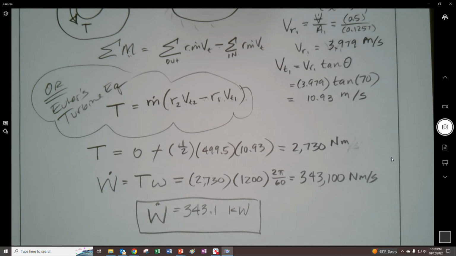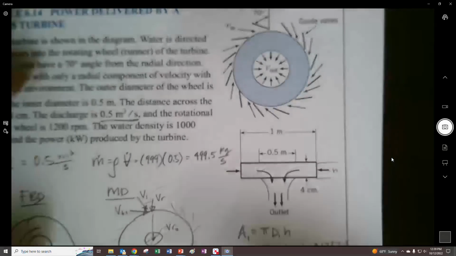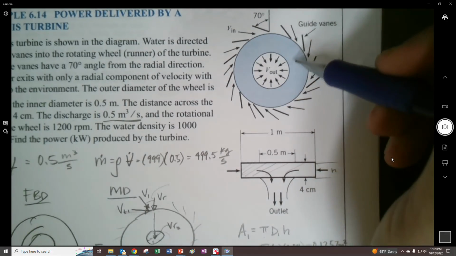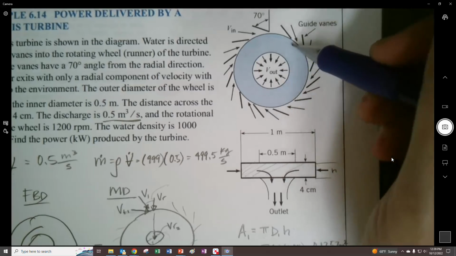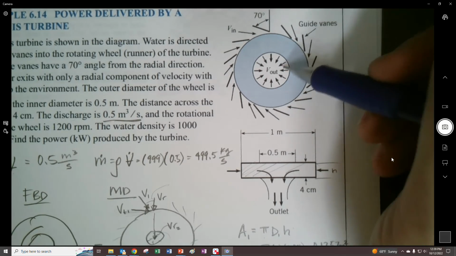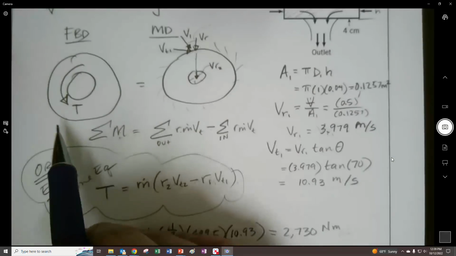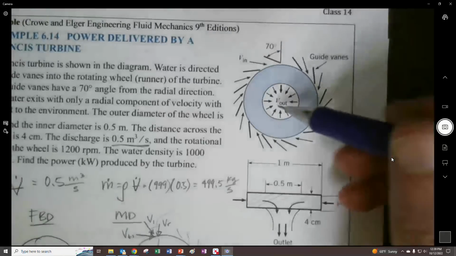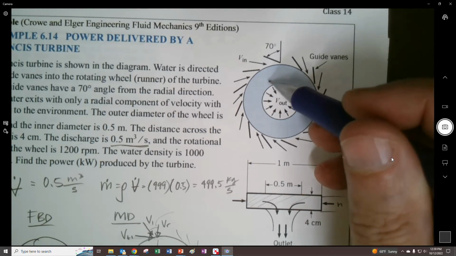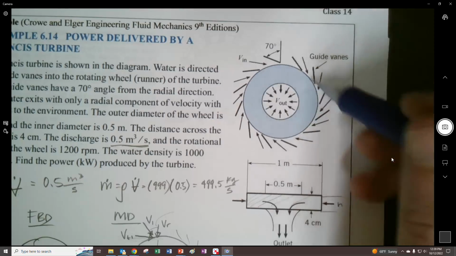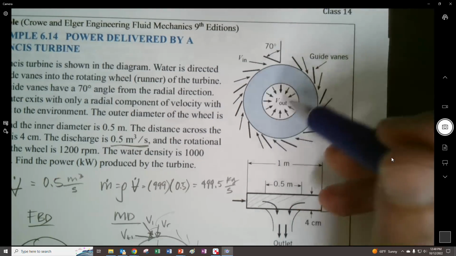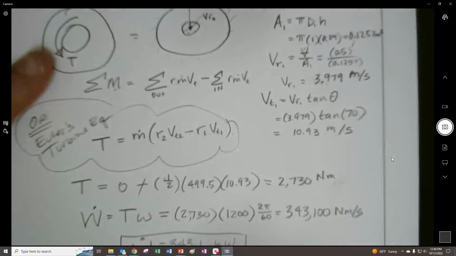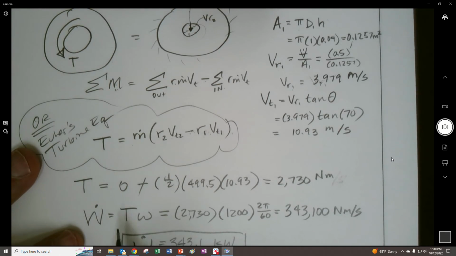And I'm trying to think about the signs involved right here. All right, so let me think about this. This thing, yeah, that's correct. All right, so the torque that's applied to this should be positive. That's right, because the torque is going in the opposite direction of the omega, and that means that we will have power extracted right here.